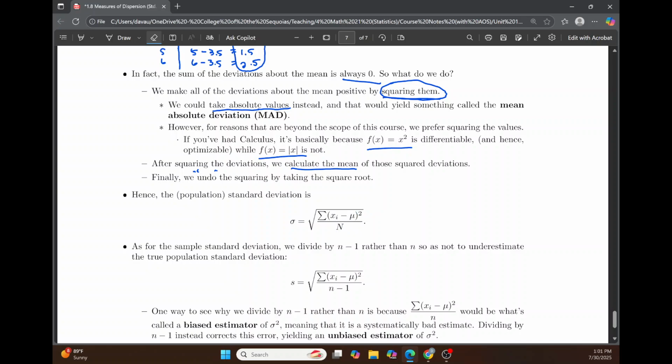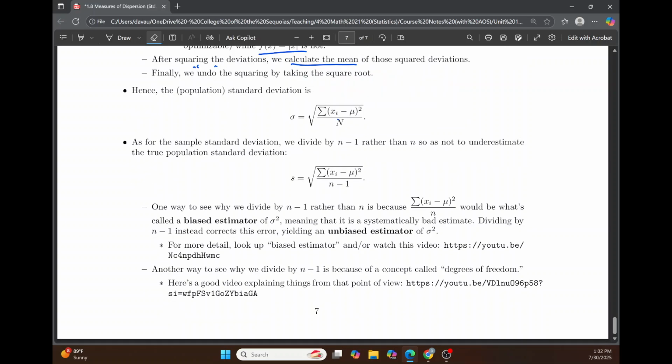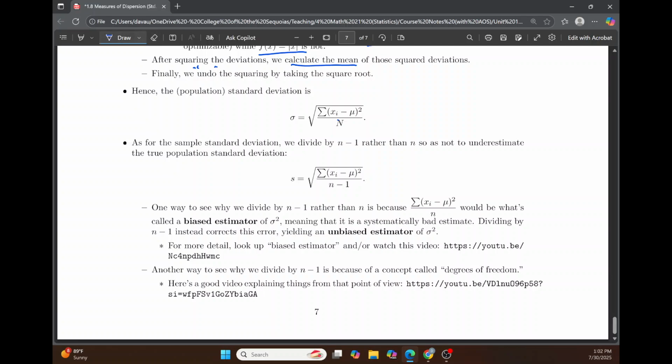Now, for the sample standard deviation, we divide by n minus 1 instead of by n. And again, that's something that's sort of beyond the scope of the course to talk about why. Basically, if we divided by n rather than by n minus 1, we would be underestimating the true population standard deviation. And there are a couple ways to see why mathematically that's the case. If we divided by n, so if we just had this, we would call this a biased estimator.